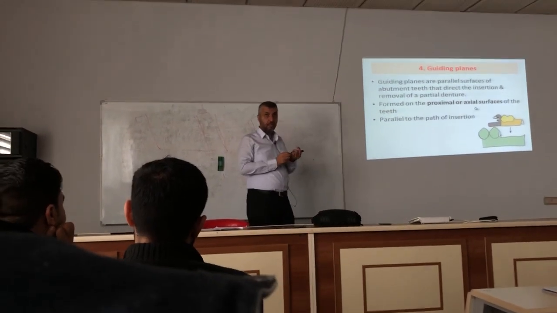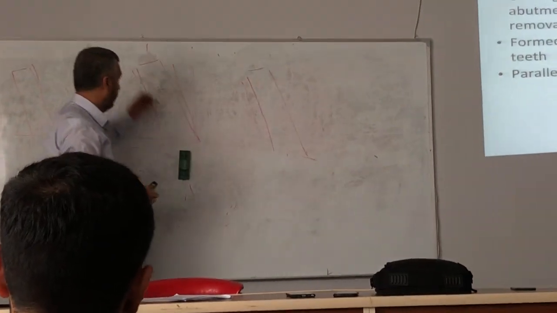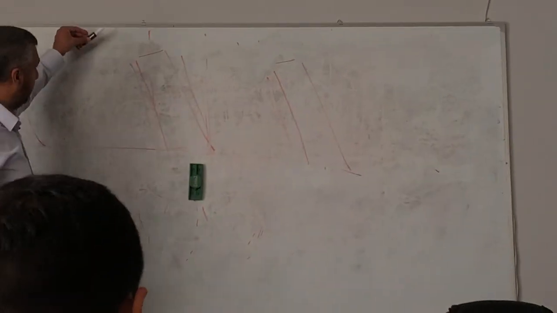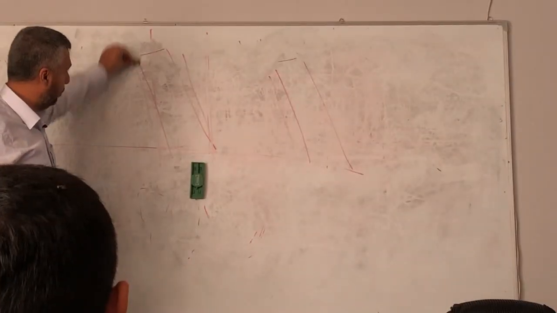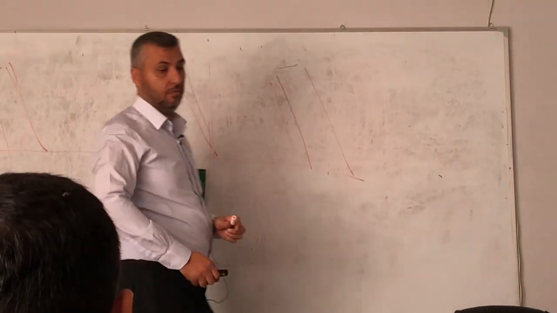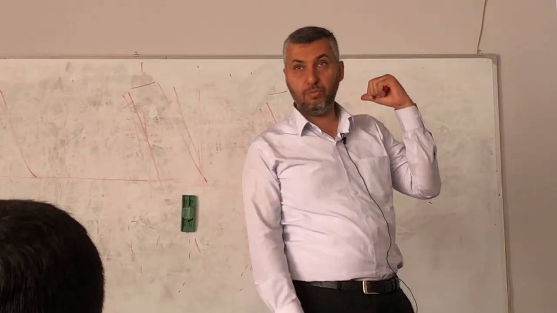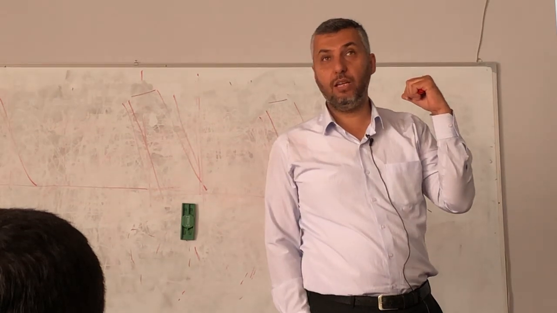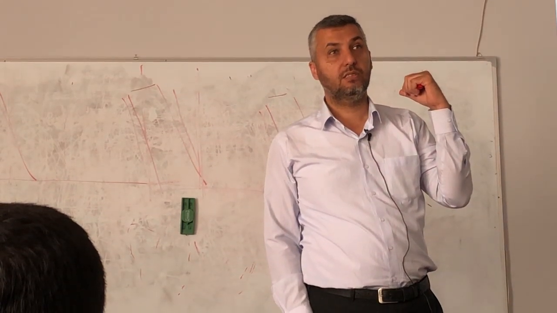This will guide the denture in this manner. We will insert the denture in this way, not vertically, in this way. How can we get the proximal surface?